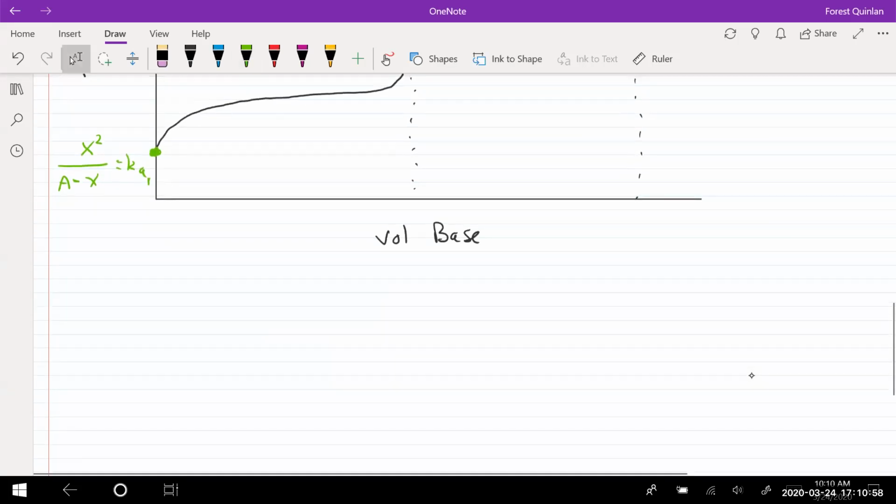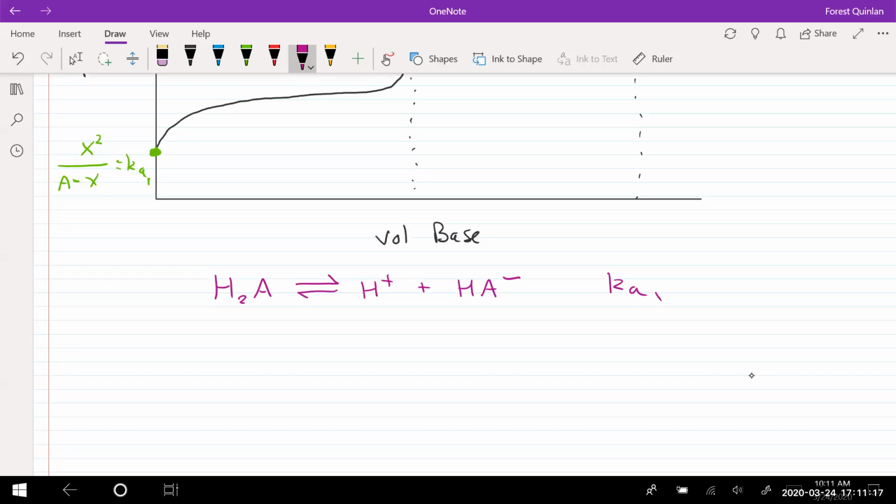The reason why I'm going to do this is if this is a diprotic, this should be some sort of generic form of H2A, going back and forth to make H plus and HA minus, governed by a Ka1. That will be the first H that we do.